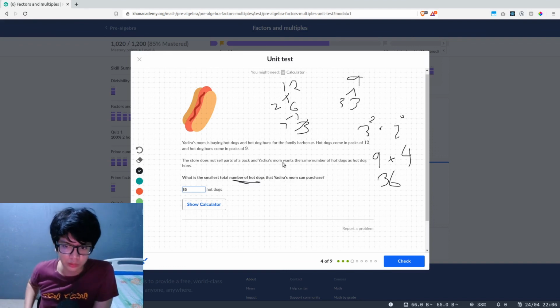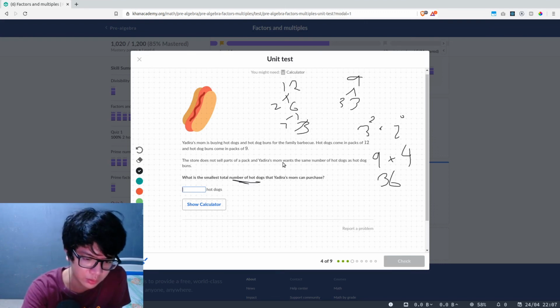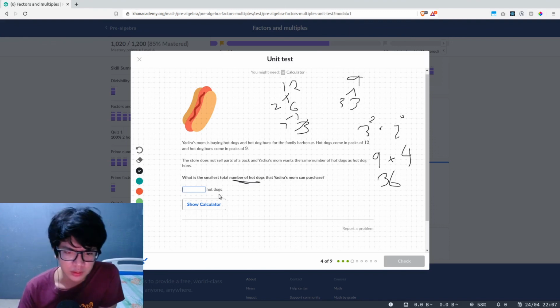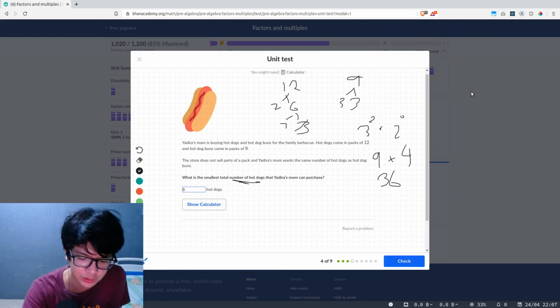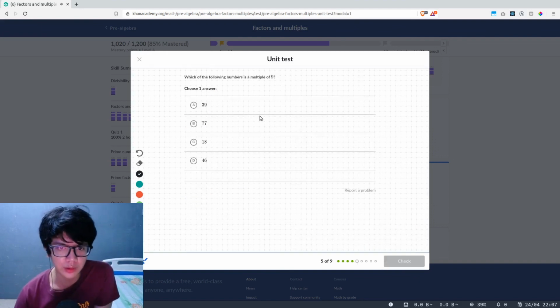Hot dogs come in packs of 12, so we got all this. This is saying hot dogs. It's packs of 12 times 36. Final number is a multiple of 9. 18 is a multiple of 9.